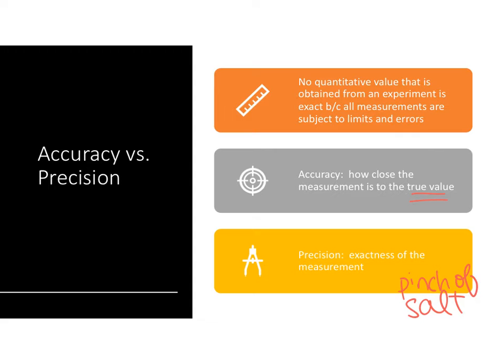That's horrible because everybody's pinch is a little bit different. It might be 1/8 of a teaspoon, or 1/4 of a teaspoon, or a whole teaspoon, depending upon how much you actually add. So when we're doing science, we want to make sure that we not only are accurate, but we're also very precise.